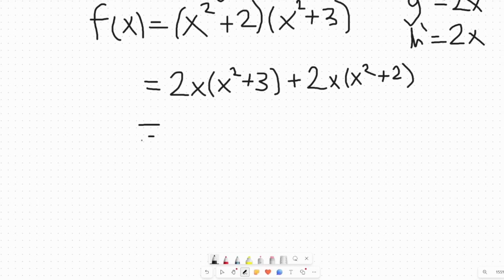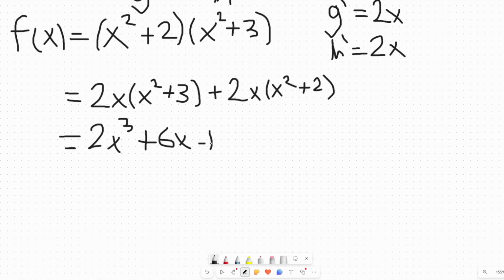Now you simplify: 2x cubed plus 6x plus 2x cubed again plus 4x.